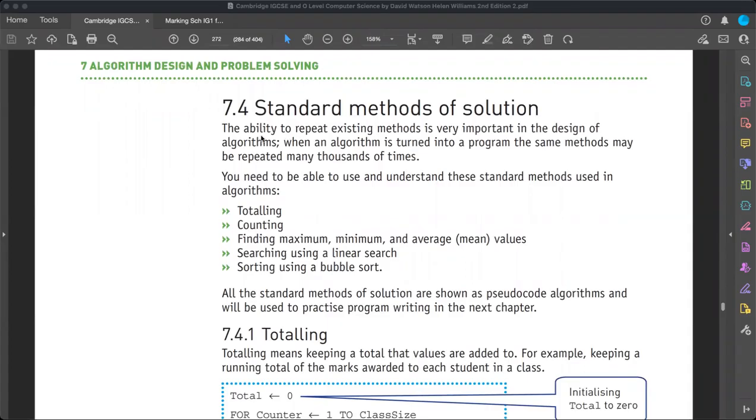The first standard method is totaling. The second is counting. The third is maximum value, minimum value, and average value. Then linear search, and then bubble sort.